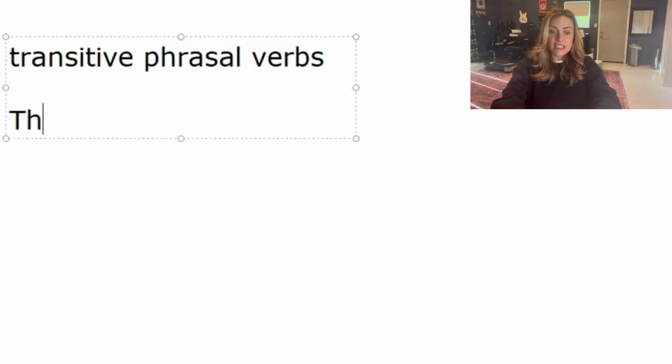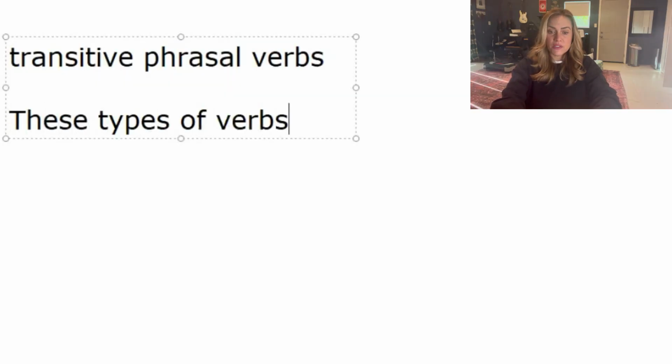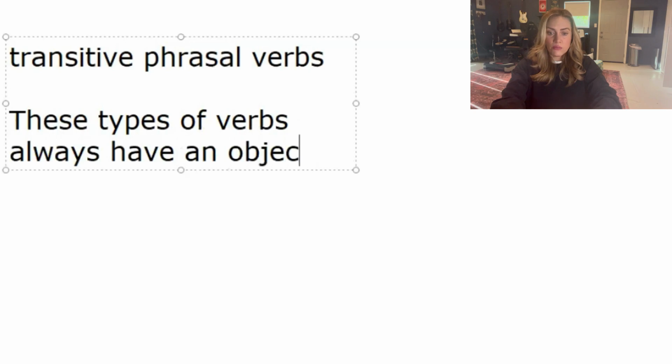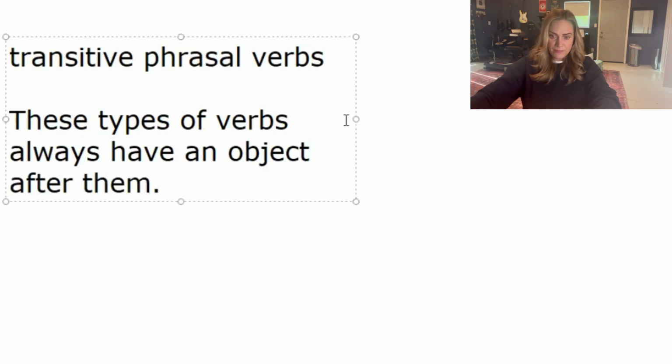But in some situations, some verbs, you don't need to have an object. And those verbs are called intransitive. I'm not talking about those in this video. I'm talking about transitive phrasal verbs. So transitive phrasal verbs mean that these types of verbs always have an object after them, okay?